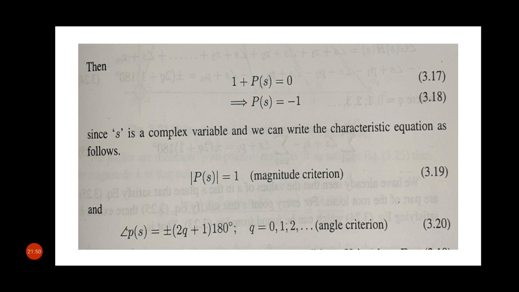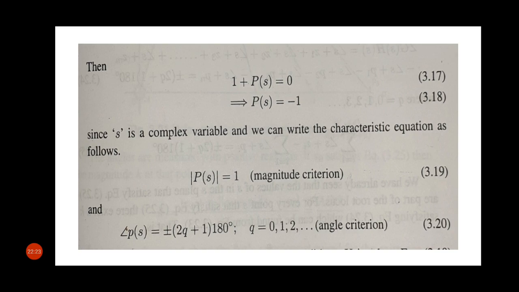The set of all points on the s plane that satisfy the angle criteria, that means equation 3.20, is on the root locus. The magnitude criteria, that means equation 3.19, gives the value of k corresponding to a point on the locus. So this is our condition.